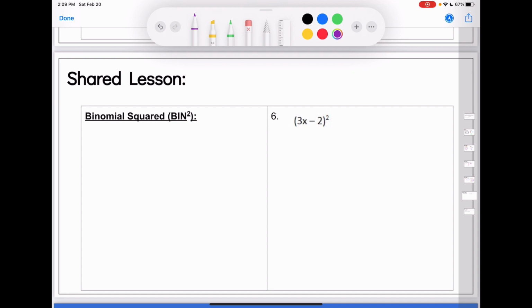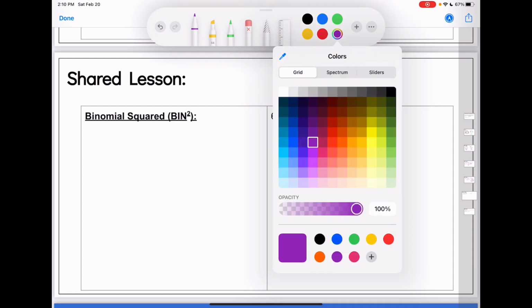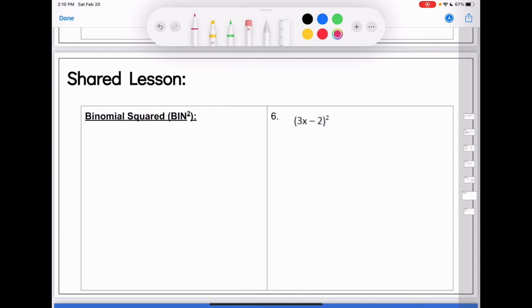So the binomial squared shortcut says that if I have a binomial squared, (a + b) squared, the shortcut says I'll square the first term, and then for my middle term, I will multiply the two terms together, a times b, and then I would double it, so 2ab.